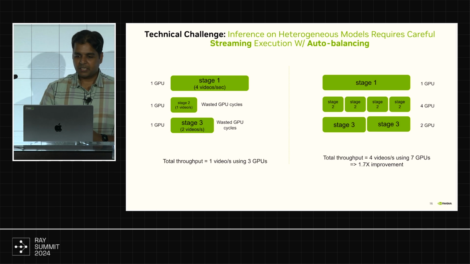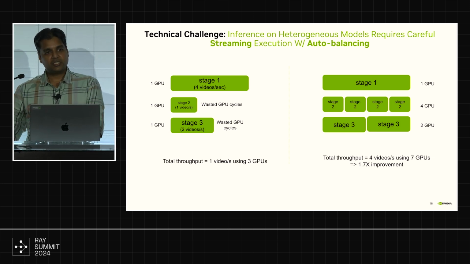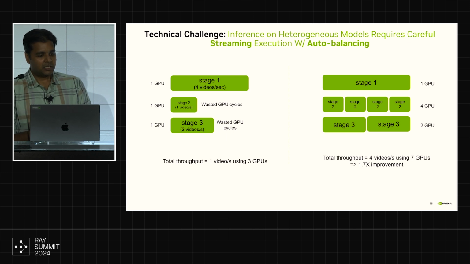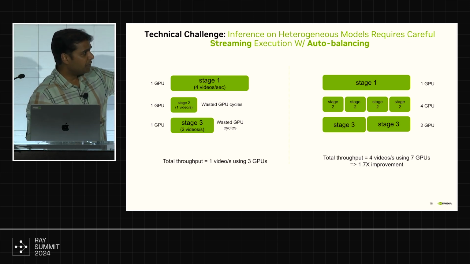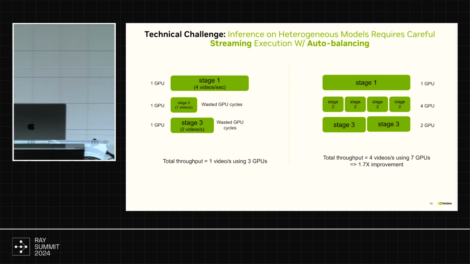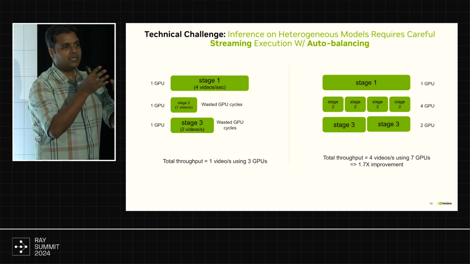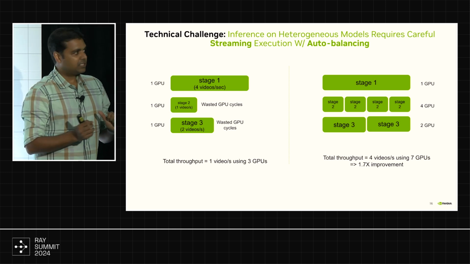And this is the third and interesting thing that you only see when you run what are called heterogeneous batch inference pipelines. I'll give you an example. On the left side of this chart, I'm showing a cartoon example of 3 stages. Imagine splitting, stitching, transcoding, just 3 stages that are running.